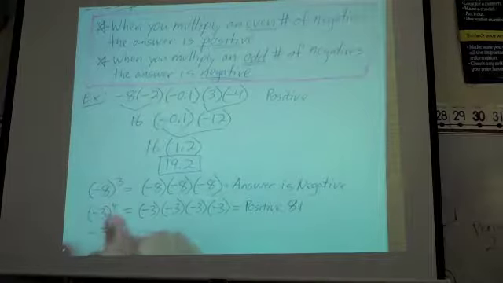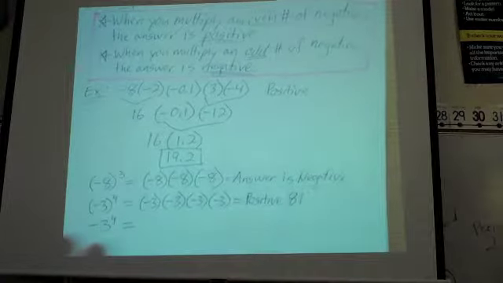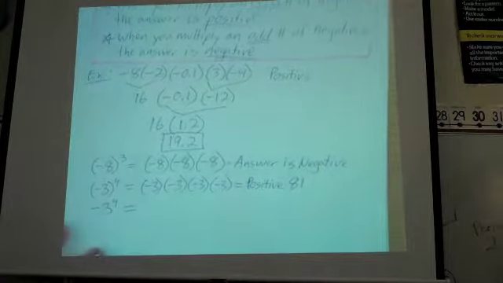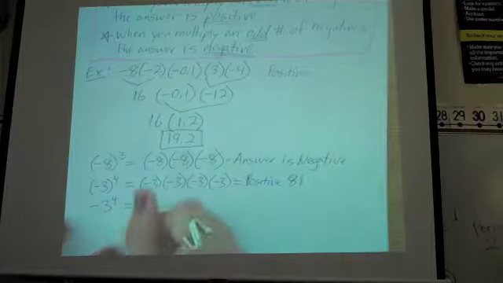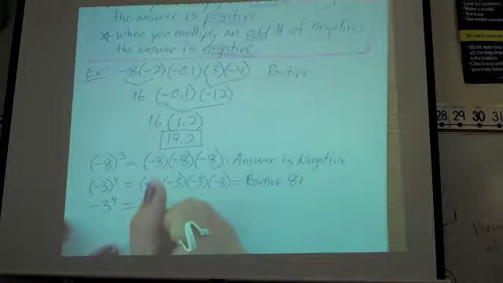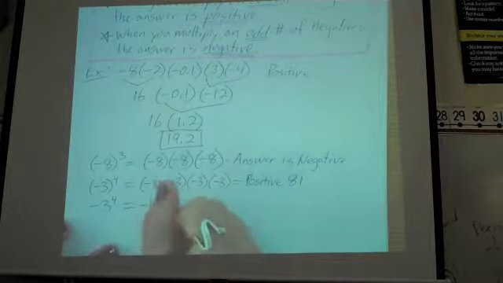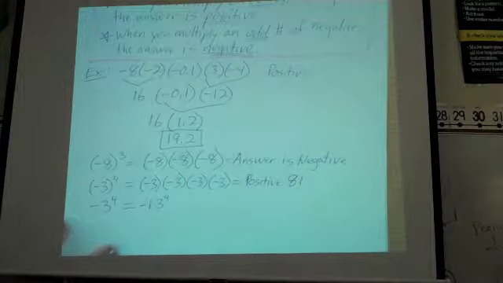What if I do negative 3 to the fourth? Now some of you guys are going, wait a minute, you just did negative 3 to the fourth. No, this is totally different. What we're going to do here is this is like a negative 1 times 3 to the fourth power. There's like a secret agent number 1 in front. This is a negative and then 3 to the fourth power.